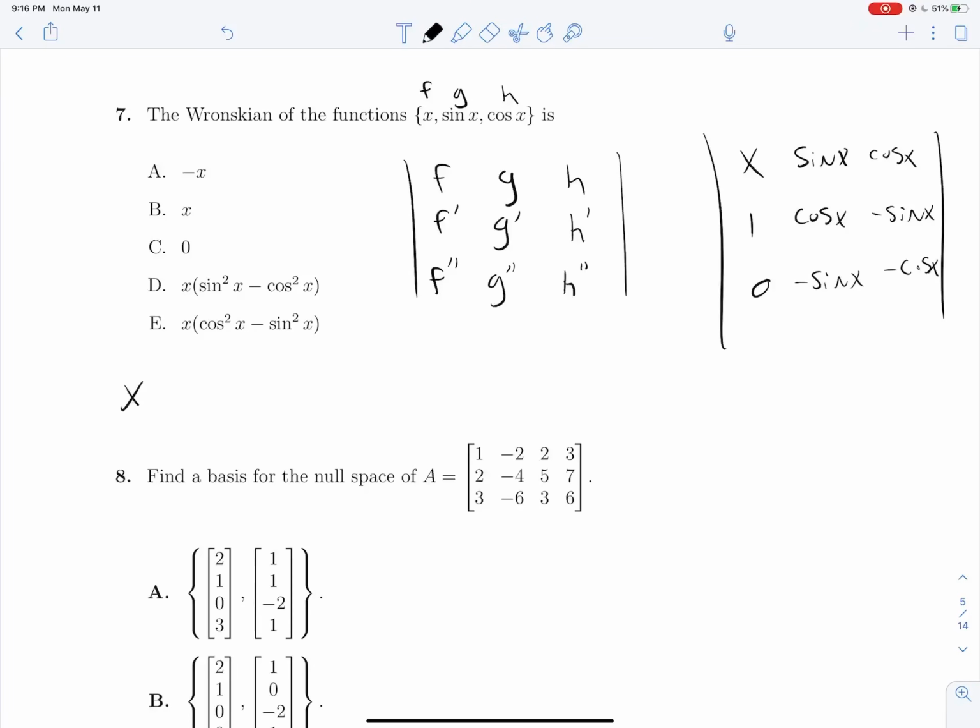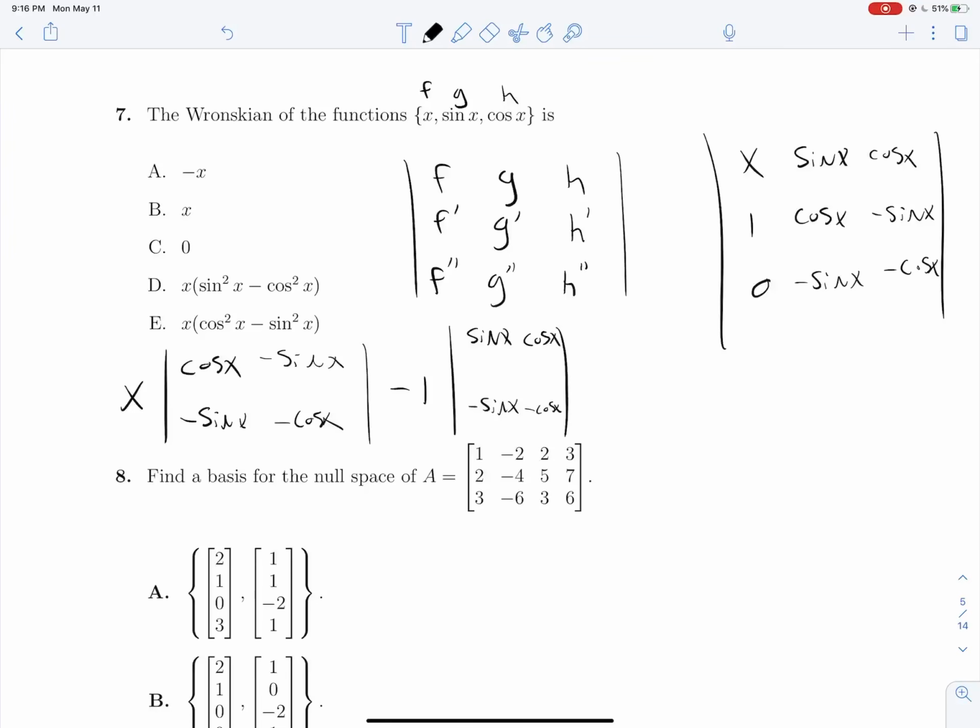So we have x times cosine x, negative sine x, negative cosine x, negative sine x, and minus 1 times sine x, cosine x, negative sine x, negative cosine x.